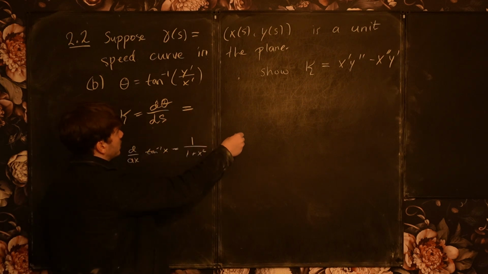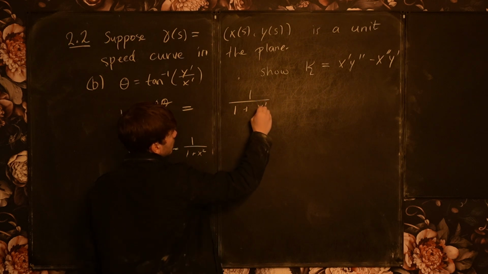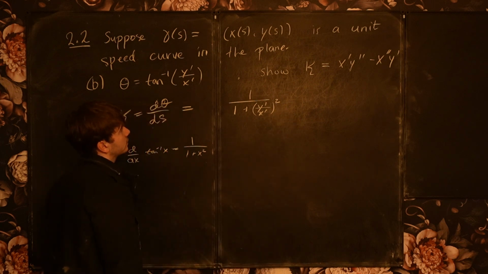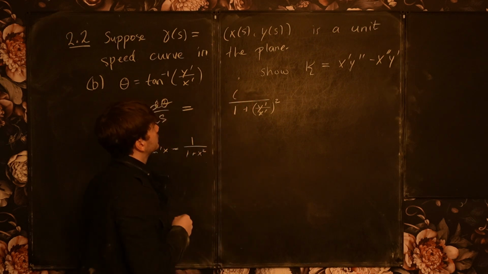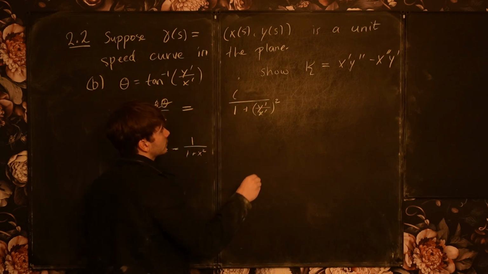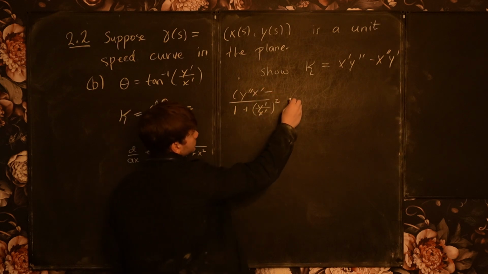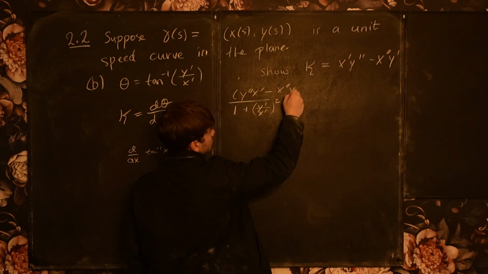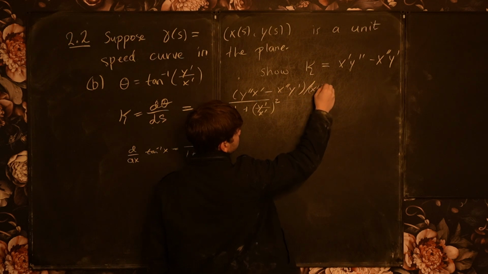So here we're going to have 1 over 1 plus y prime over x prime squared, and then taking the derivative of the inside, we'll express that on the numerator. The derivative of y prime over x prime is y double prime x prime minus x double prime y prime, all divided by x prime squared.